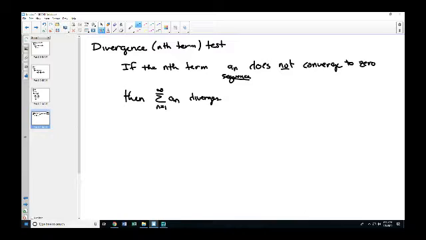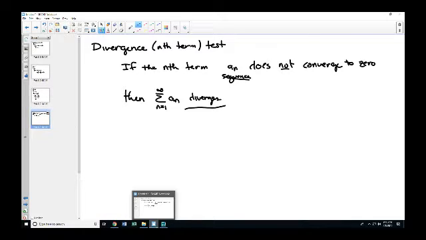How do we use that? Infinite limits. The drawback of this is it only shows divergence. It doesn't tell you something converges.